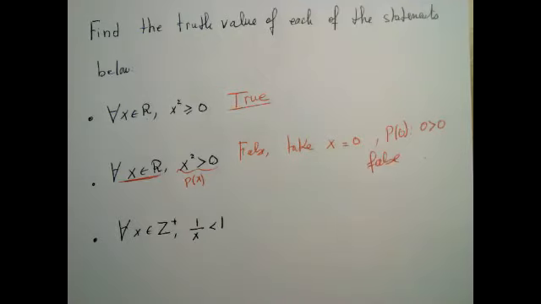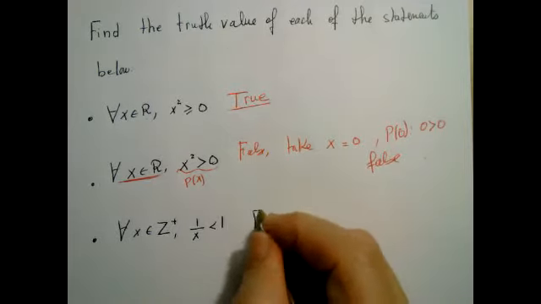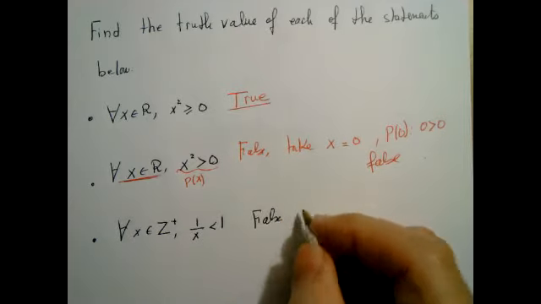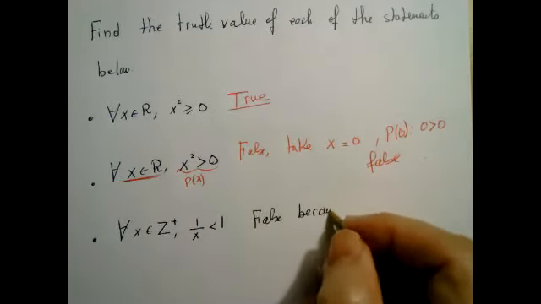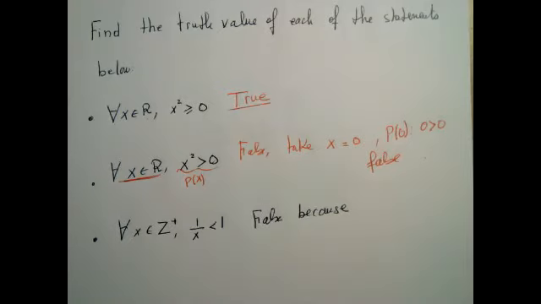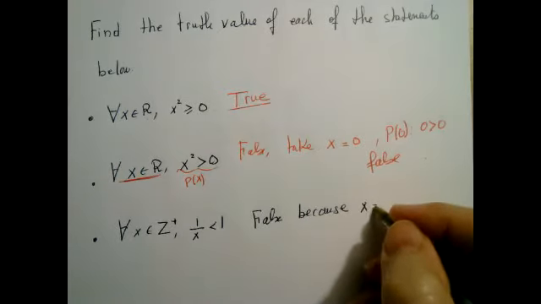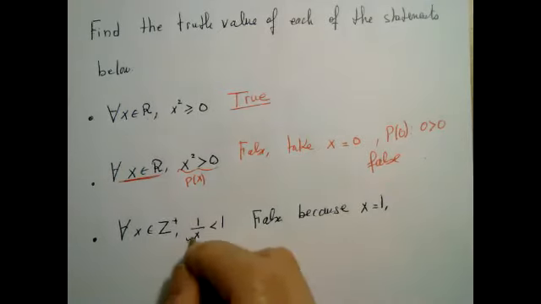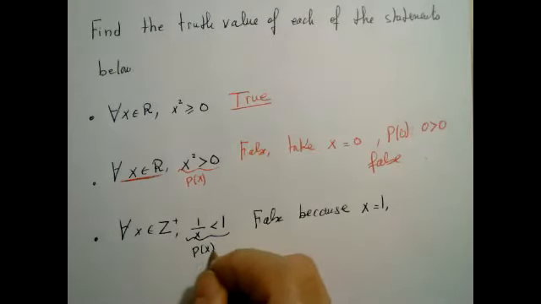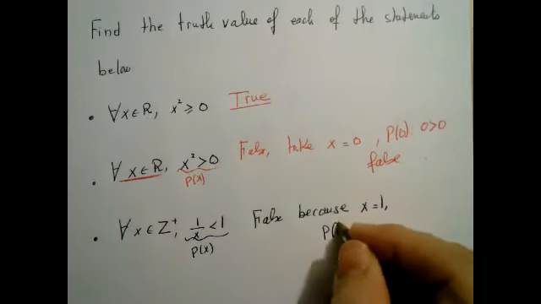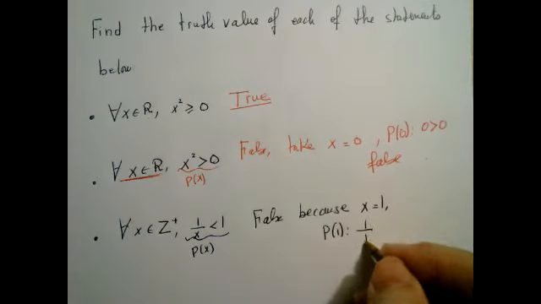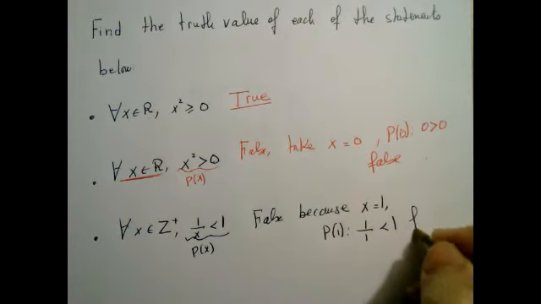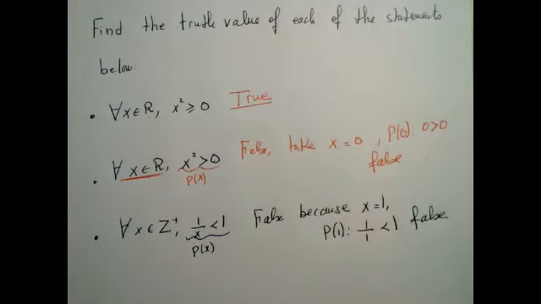Always I'm working within my domain. That's false, because x can be equal to 1, and then if this is my P of x, P of 1 will read 1 over 1 strictly less than 1, which is a false statement.